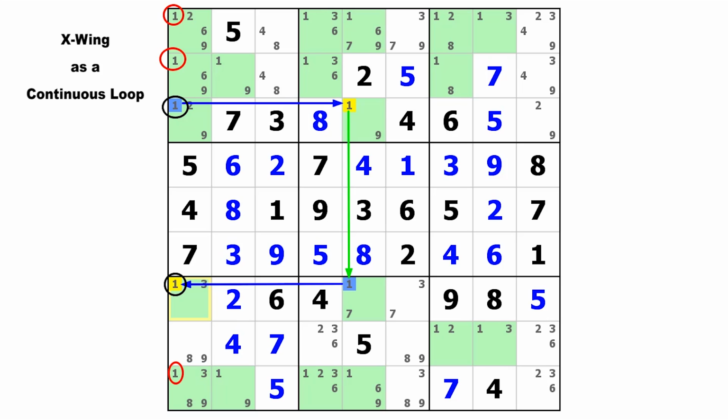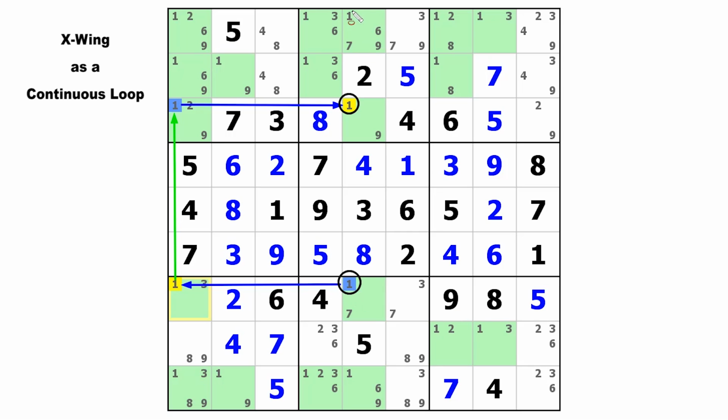All right, so now let's start on a different candidate. Let's start on this candidate one down here in row 7, column 5, and we have strong, weak, strong. And again, we have a 3-link AIC, which means one of these 2 endpoints has to be true.